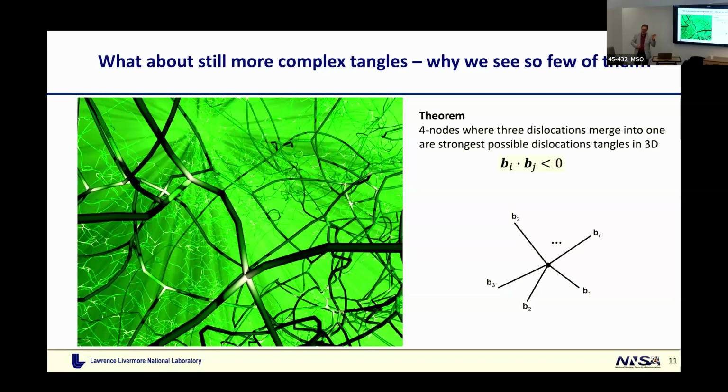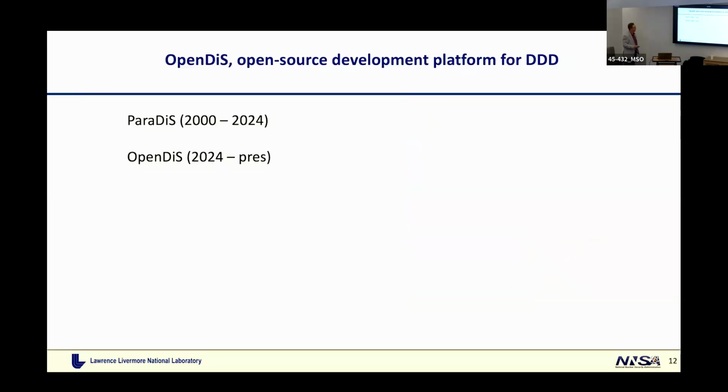We do observe them very occasionally, but most of the time they're not there. More than that, among the 3 nodes and 4 nodes that can be stable, the 4 nodes are by far stronger holders of dislocations in place. That's a later story.